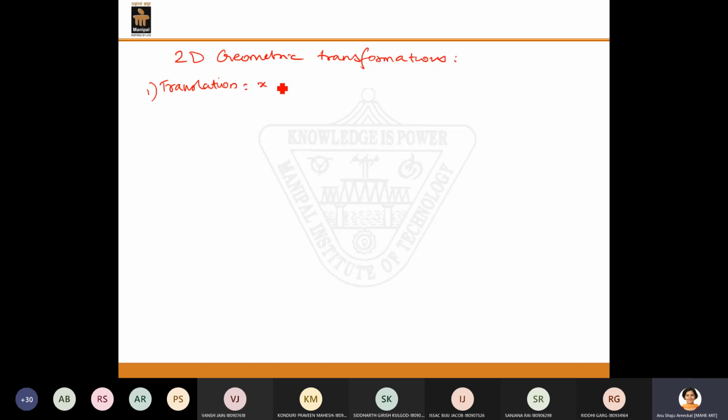So if x is a point, and x dash is the transformed point, then I can write x dash is equal to x plus t, okay.